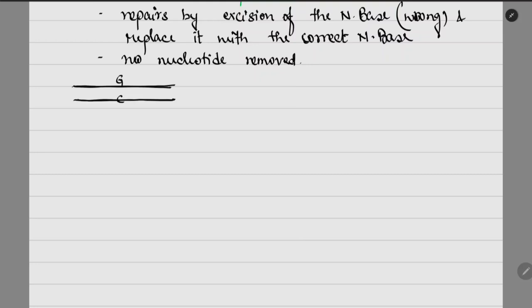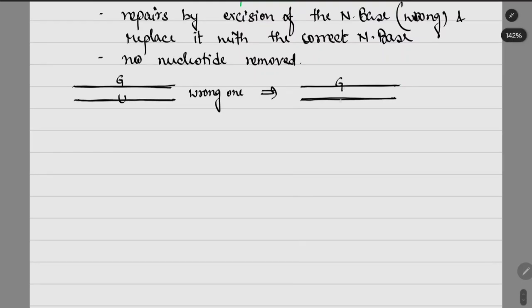But if there is some spontaneous deamination, or some kind of DNA replication problem, there is a change of C to U, meaning cytosine is absent. In place of cytosine, uracil is present. So this is the wrong one. We have to correct it. So while correcting it, only the uracil is removed and the whole nucleotide is not removed. Okay, so in G, it is removed at this point.